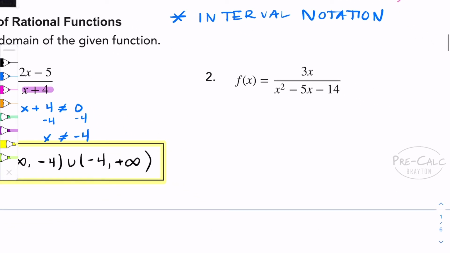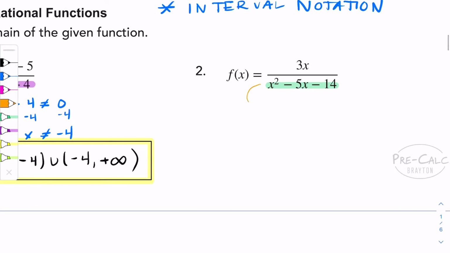For the second example, we have 3 over x squared minus 5x minus 14. This denominator is going to have to be factored in order to be set equal to 0. And this factors to x minus 7 times x plus 2. Negative 7 times positive 2 is equal to negative 14.